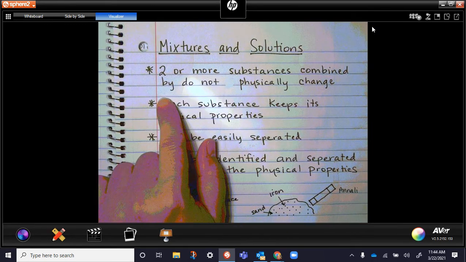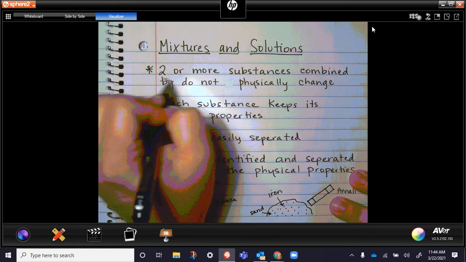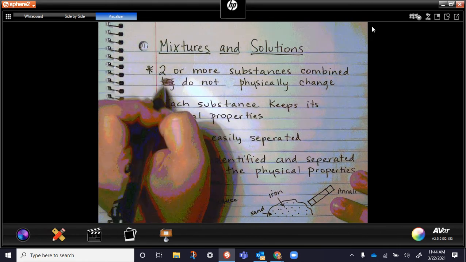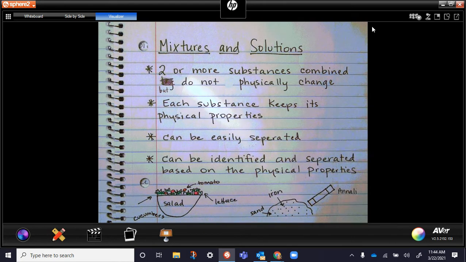Today we're going to concentrate on mixtures. So mixtures are 2 or more substances combined, but do not physically change. So if something were to change, like a chemical change, you might have a color change, or a smell produced, or new matter created.